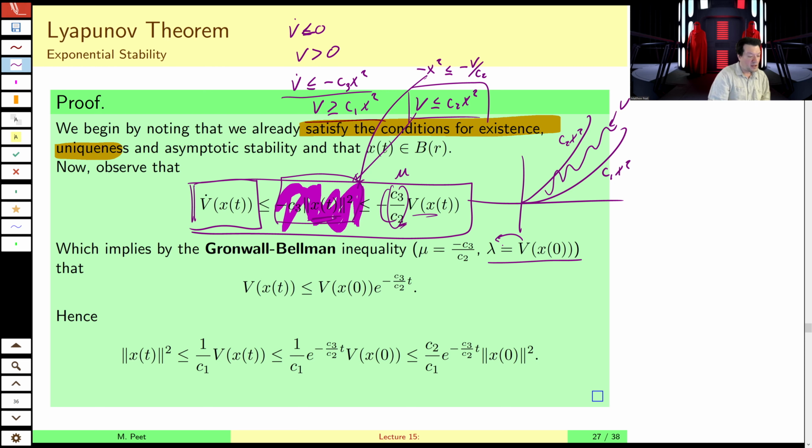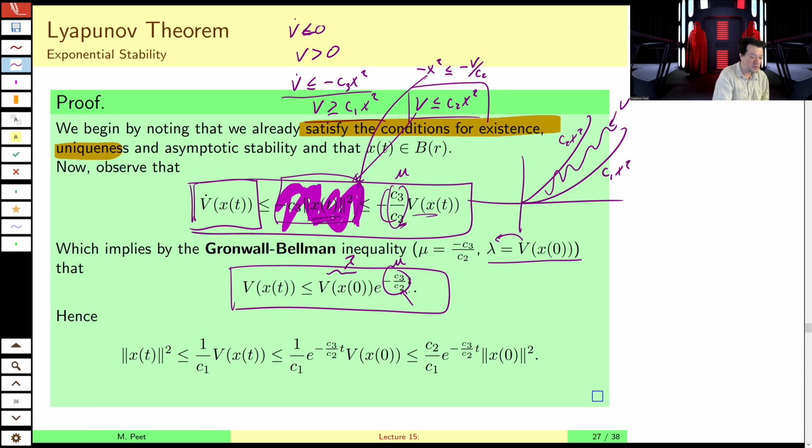And so we apply the Gronwall-Bellman theorem, which establishes an exponential bound on the growth of our v. In particular, this is our mu, this is our lambda, and so we have that v of x of t is less than the initial v of x times this exponential decay factor e to the negative c3 over c2 times t.